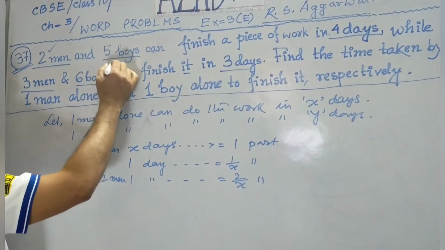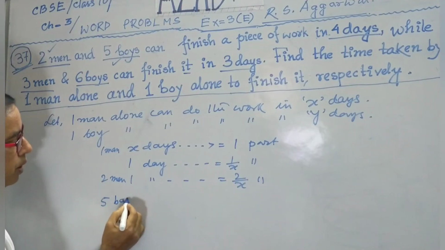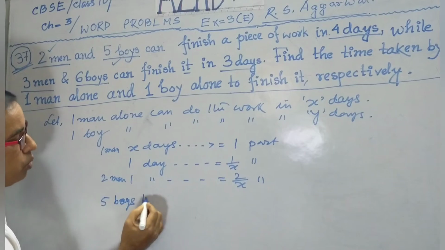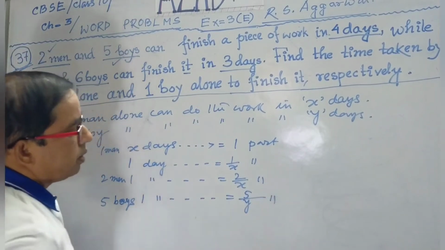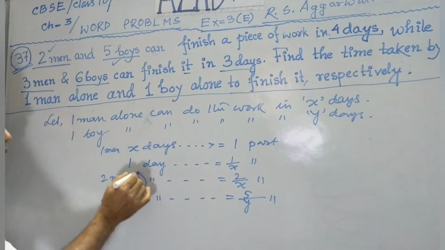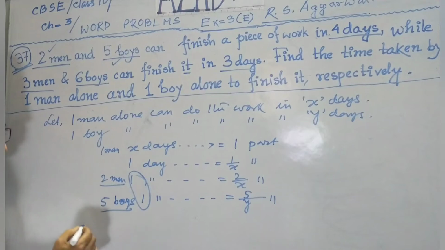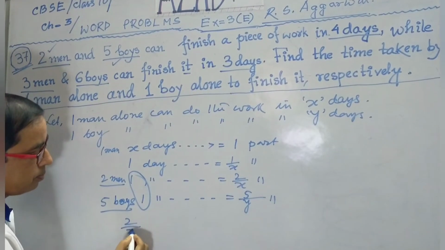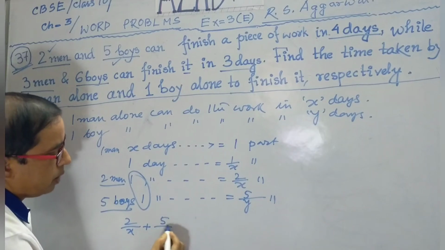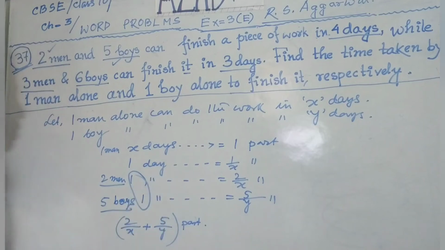Similarly, here 5 boys. So 5 boys in 1 day can do 5 by Y part. Now tell me, in 1 day, if 2 men and 5 boys work together, how many parts will be done? 2 by X plus 5 by Y part of the work will be done in 1 day.